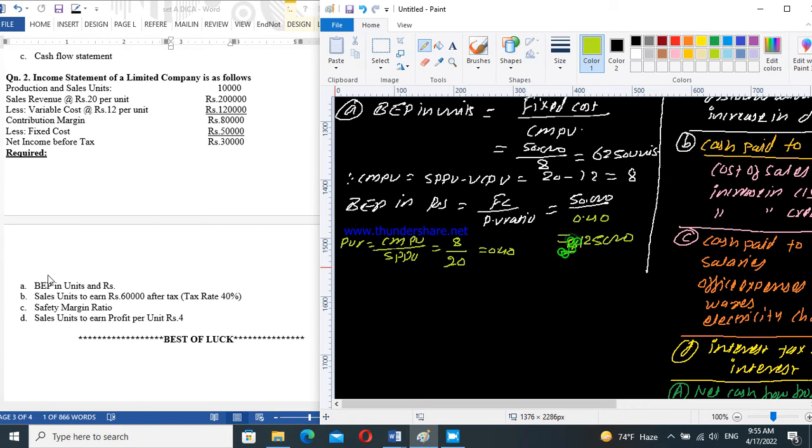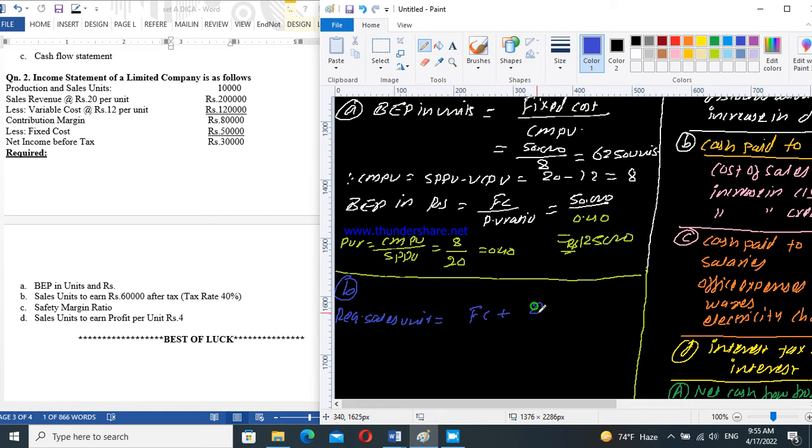Okay, and next one we have B. Required A is completed, and move on to required B. Sales units to earn a 60,000 desired profit, and the tax rate is 40%. Therefore, required sales units is equal to FC plus DP, meaning desired profit, divided by 1 minus T, whole divided by CMPU.